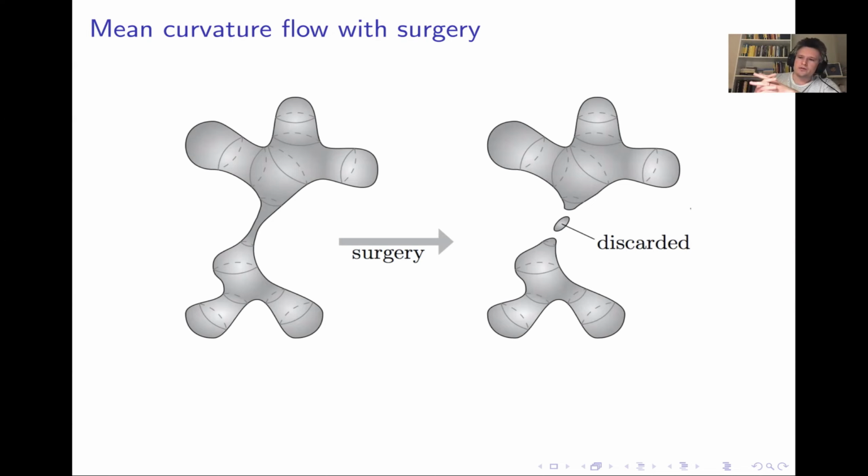So I choose a parameter such that whenever my curvature goes above that threshold, I'm going to look at the regions of my manifold which have very big curvature, and I'm going to cut them, and I'm going to paste in these spherical caps. And for this picture, there is still a small region here that has a lot of curvature, so I'm going to discard it. So essentially, my flow now is going to be these two pieces. Okay.